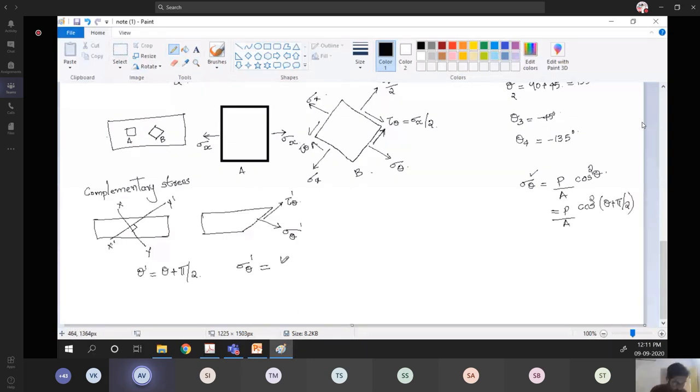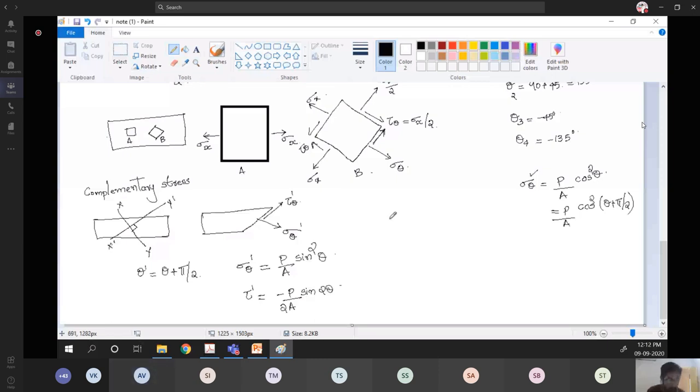And similarly, what will be the value for tau dash? Minus p by a sin 2 theta. Okay, minus p by a sin 2 theta. If I am using 2 theta, I think you need to put 2 in the denominator also. Yes, sir. So what can you say about sigma theta and sigma theta dash now?